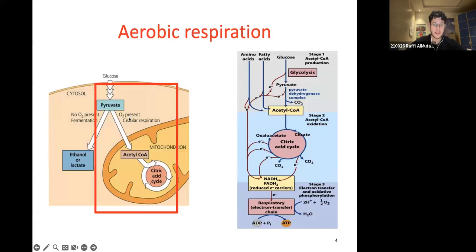The idea is this reaction, pyruvate to acetyl-CoA, and I'll draw it for you. We use PDH, pyruvate dehydrogenase. Pyruvate dehydrogenase needs two things. First of all, oxygen. And the second thing is the coenzymes.